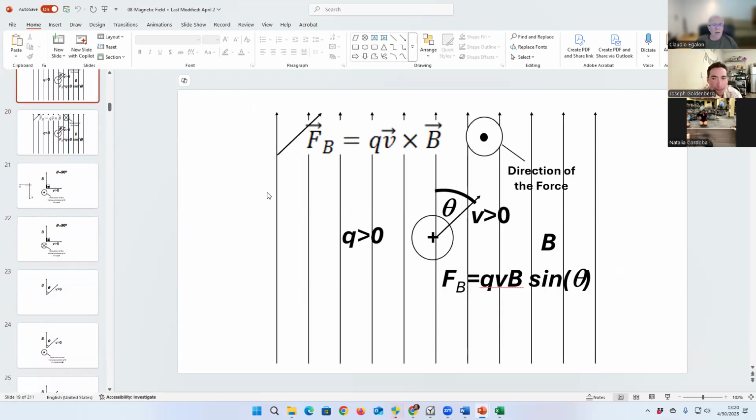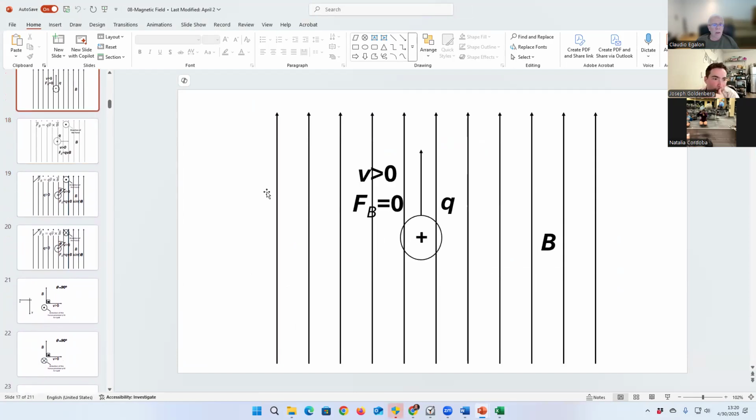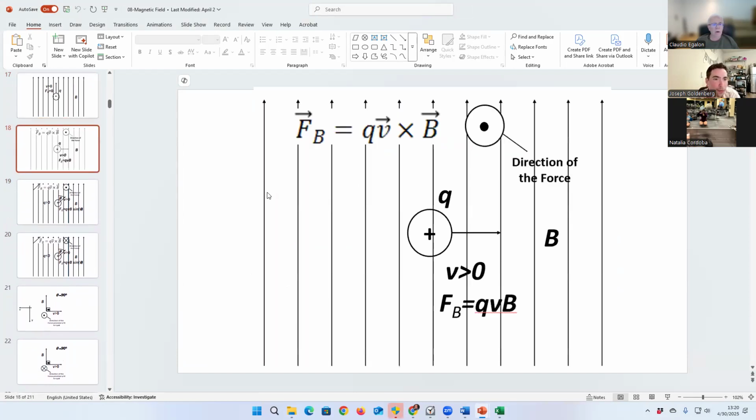This part here you understand, right? An electric charge in a magnetic field experiences a force, and that's a magnetic force.